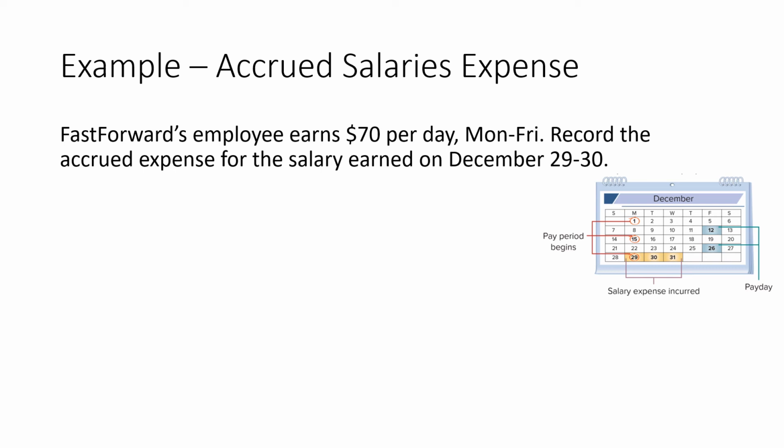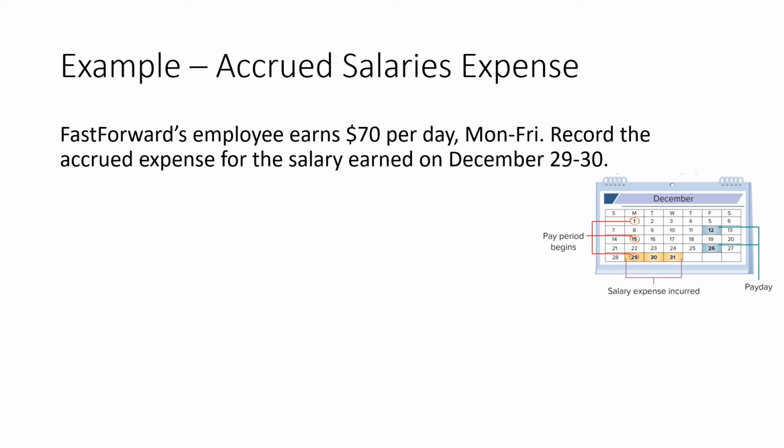Here's another example using salaries expense. Remember, as your employees come into work, each day you owe them more and more salary until it's paid. So Fast Forward's employee earns $70 per day, Monday through Friday. Record the accrued expense for the salary earned on December 29th through 30th.